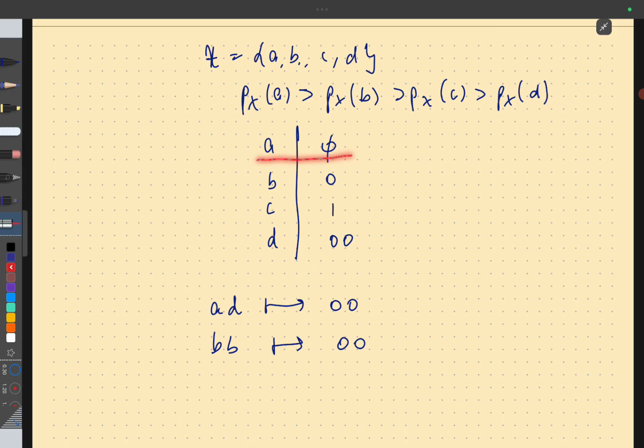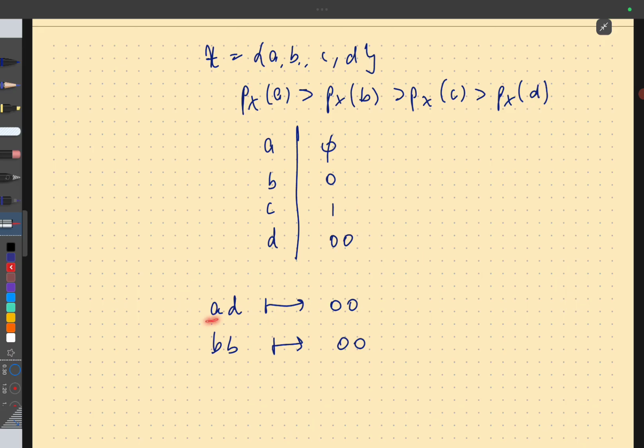So the first symbol would therefore get the empty string as code word. The second symbol would get 0 as the code word. The third would get 1 and the fourth would get 0, 0. Okay. So this is the per symbol encoding. Now suppose I want to use this to encode a sequence of symbols just by encoding it symbol-wise.